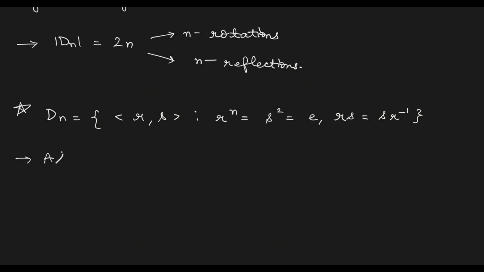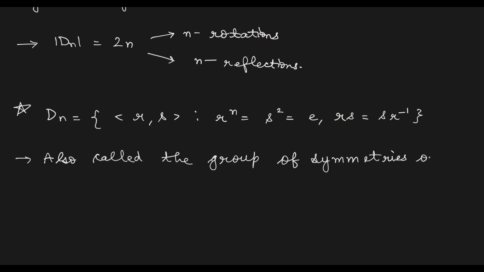This is also called the group of symmetries of a regular n-gon. Now Cayley table for D4.